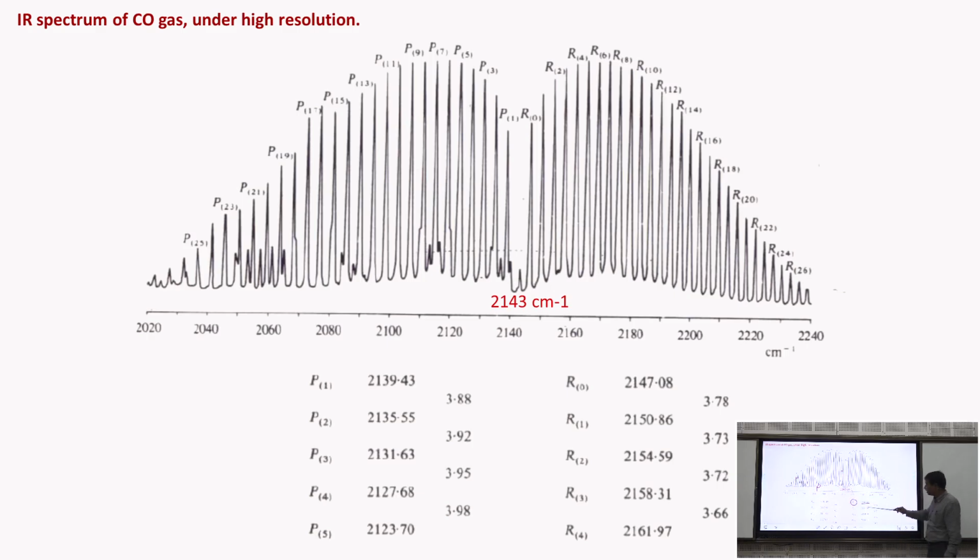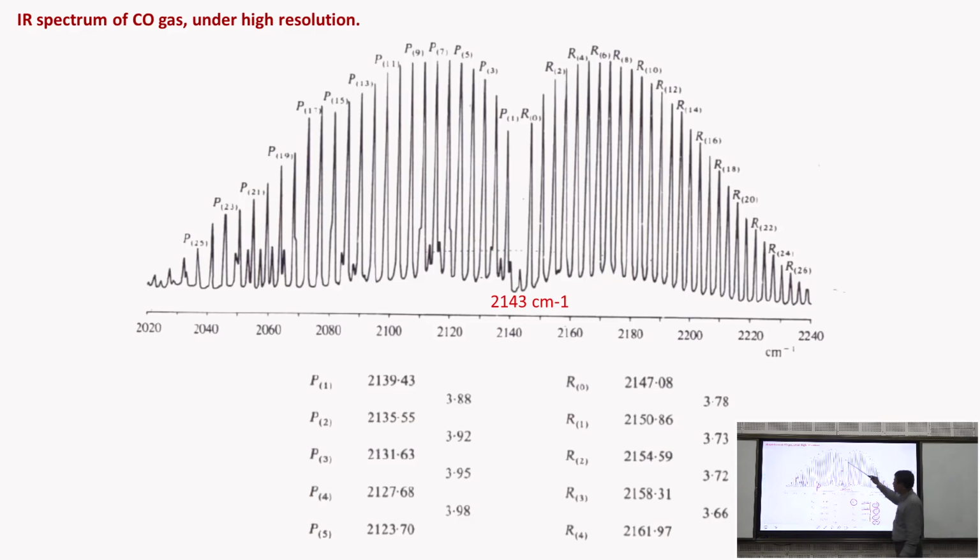R0 appears here, R1 appears here. The difference between R0 and R1 is 3.78. The difference between R1 and R2 is not 3.78, it is 3.73. The difference between these two is again decreasing, again decreasing. So on this side it is decreasing.